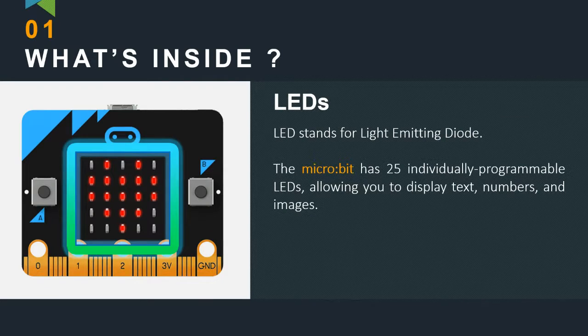The first one is LED. There are 25 LEDs. It is used as the display of this microbit, and on the reverse side, it can be used as the light emitting diode, LDR, light sensor diode.